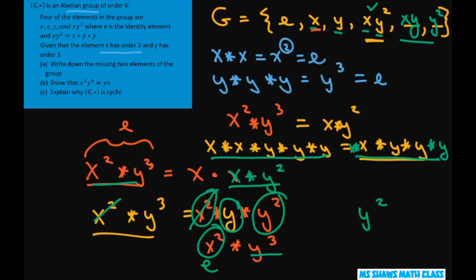Now we're going on to B. So for B, we have x cubed y to the fourth. And let's break this down. This equals x squared x, y cubed y.